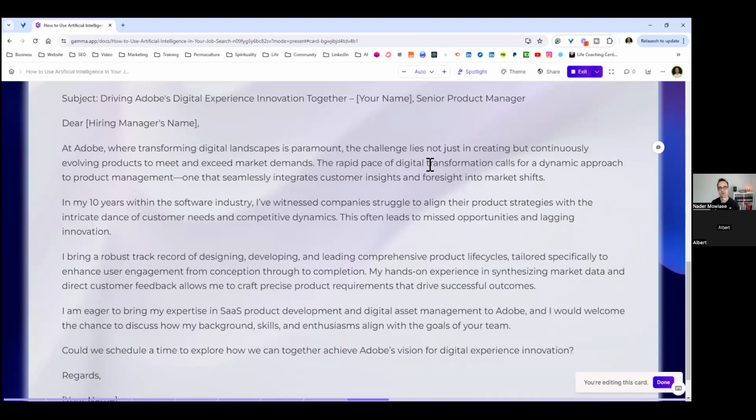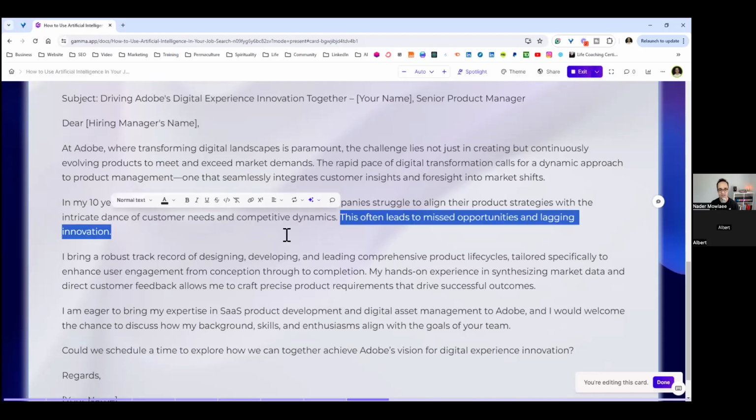The rapid pace of digital transformation calls for a dynamic approach to product management, one that seamlessly integrates customer insights and foresight into market shifts. In my 10 years within the software industry, I've noticed companies struggle to align their product strategies with the intricate dance of customer needs and competitive dynamics. This often leads to missed opportunities and lagging innovation.